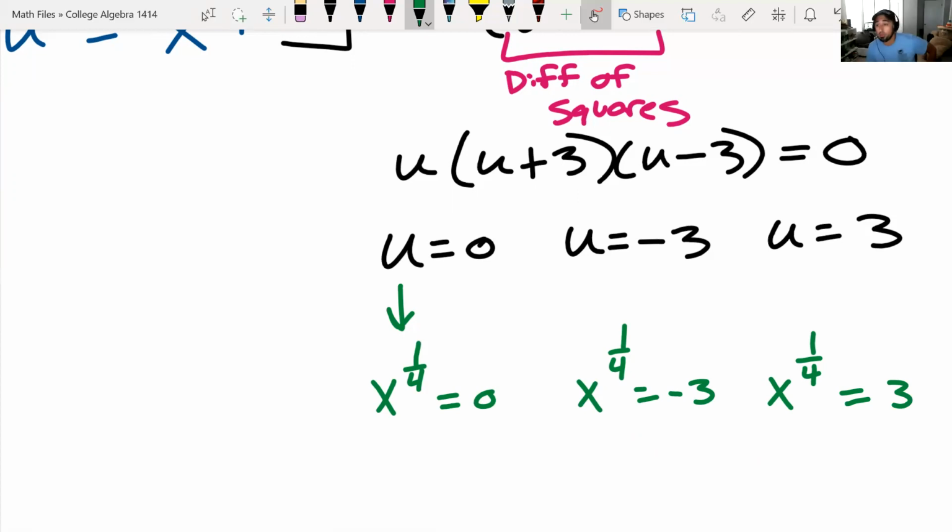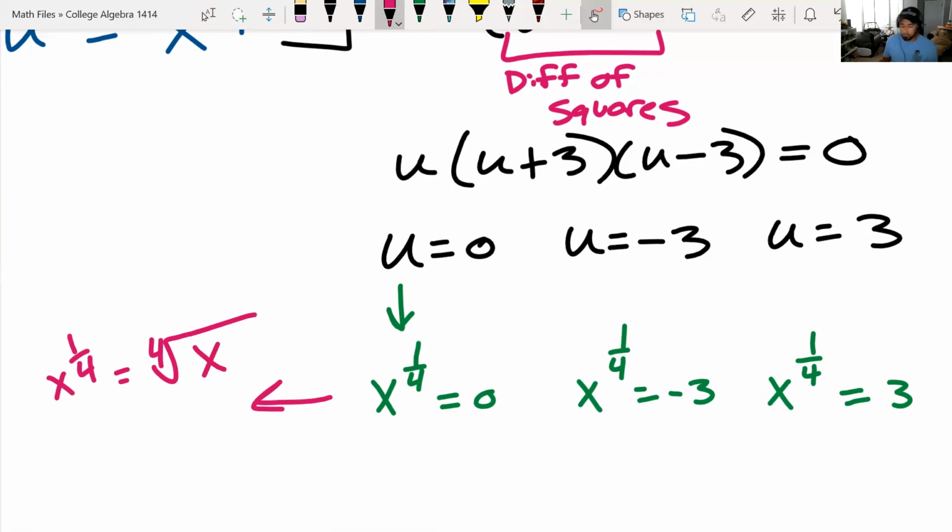So we still need to solve for x. And that means we need to get rid of that 1/4 power. Remember that x to the 1/4 is the same as the 4th root of x.